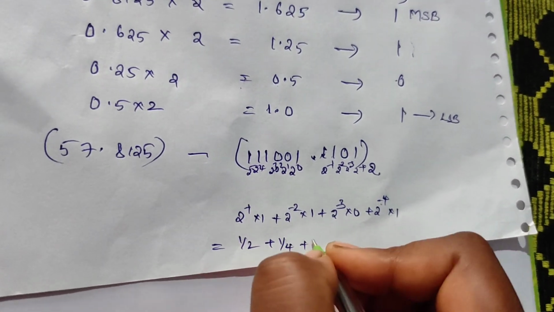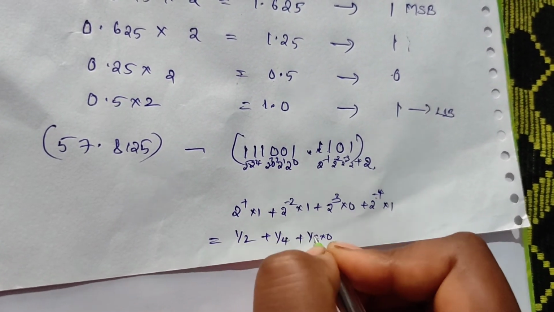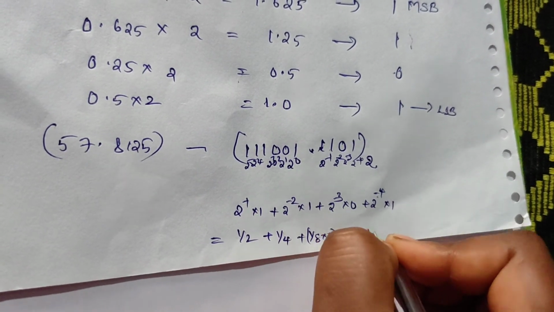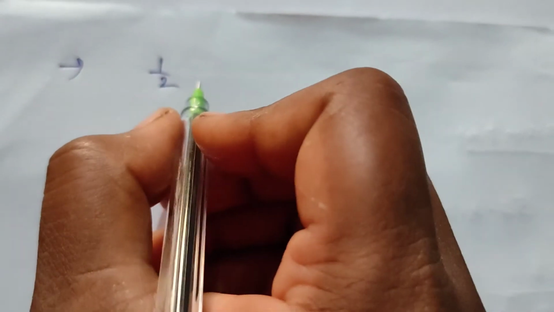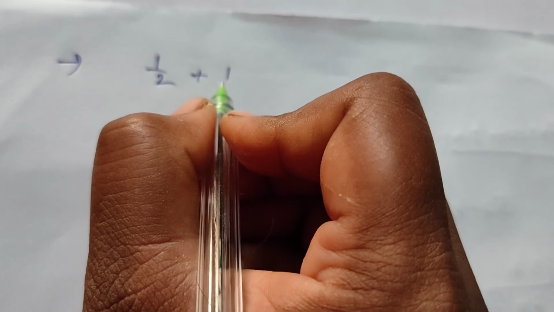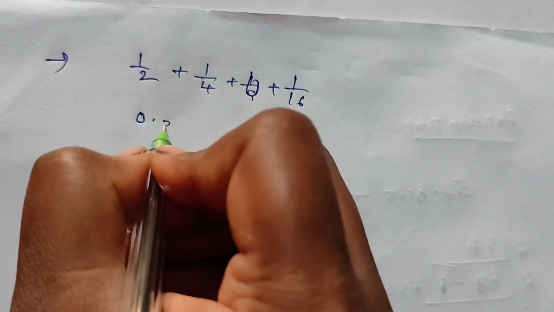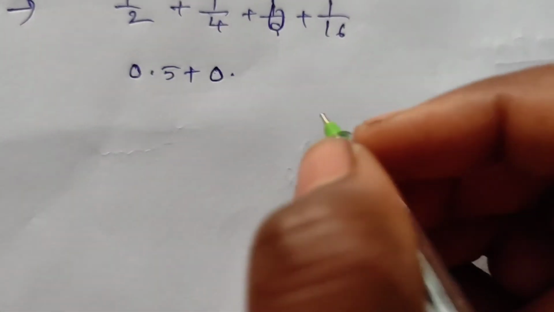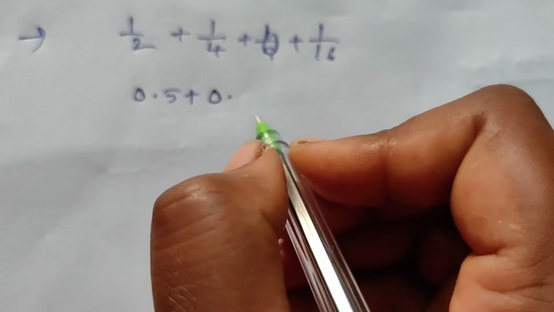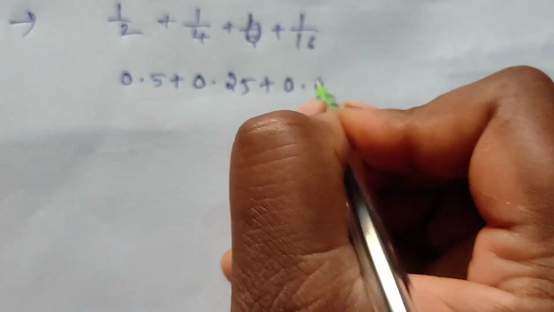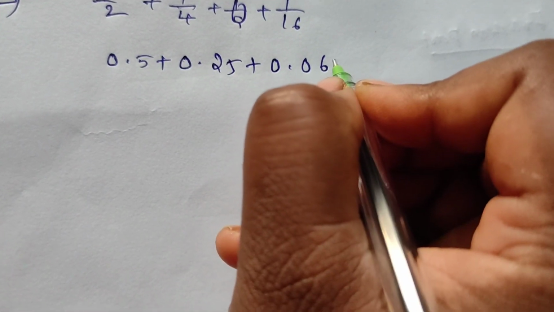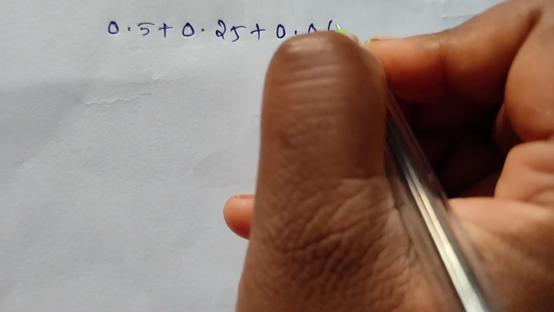So 2 power minus 1 is 1 by 2, 1 by 4, 1 by 8, and 1 divided by 2 power 4 is nothing but 1 by 16. Here I am writing: 1 by 8 into 0 is 0, so directly I am taking 0. 1 by 2 is 0.5, 1 by 4 is 0.25 and 1 by 16 is 0.0625.